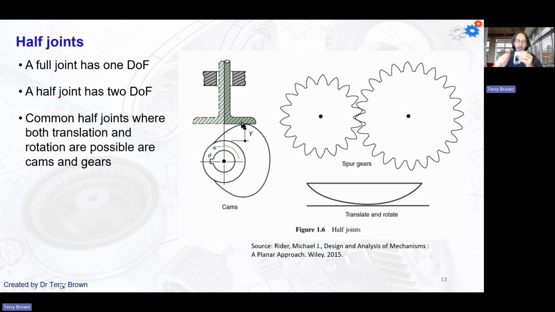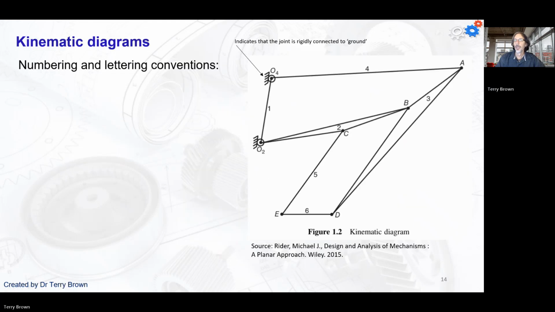Okay, remember it's relative to the 2 surfaces. So even though this body will be moving up and down, right, the cam follower will move up and down, it's the relative motion between the 2 bodies that's important. Right? And similarly with gears. So it can translate along, but it also can rotate on that surface.